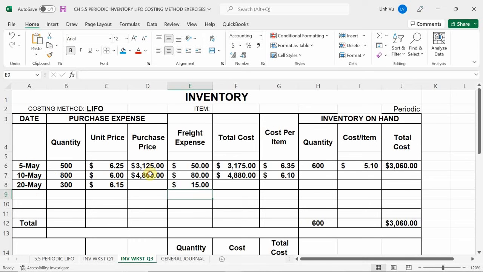Okay, that's 1,845. Good. Plus 15. 1,860. Good. So you're going to take the 1,860 divided by 300 to get your cost per item. $6.20.